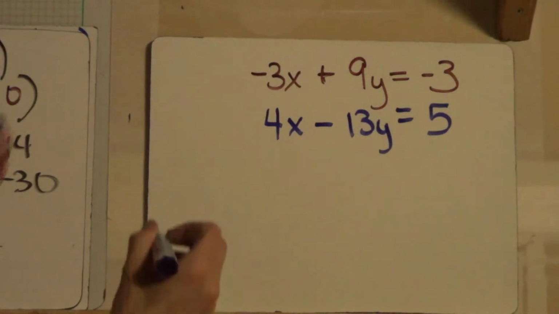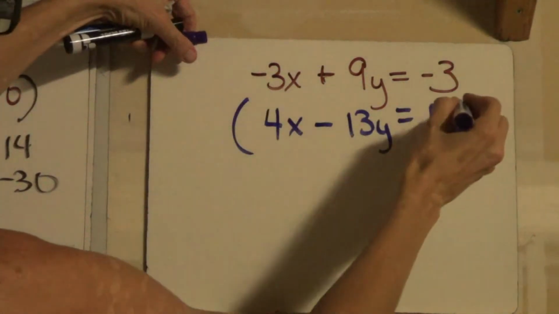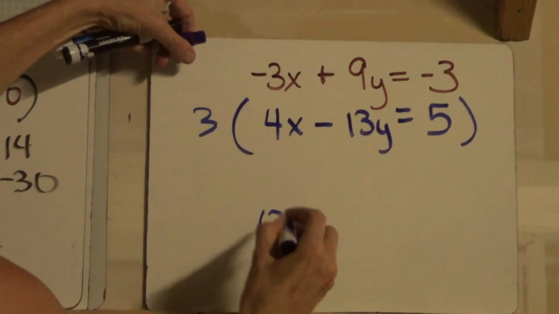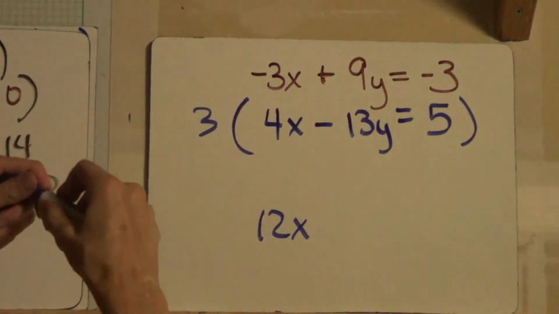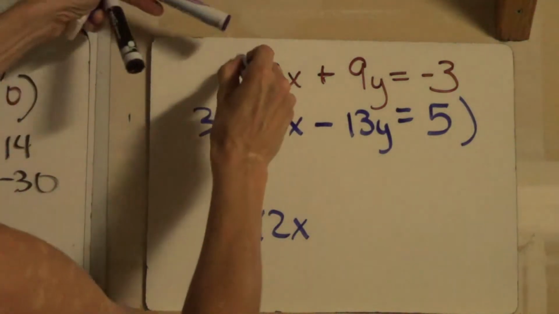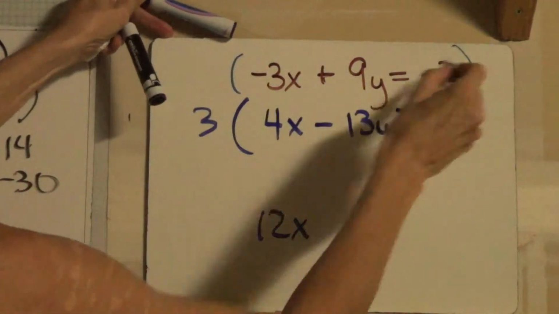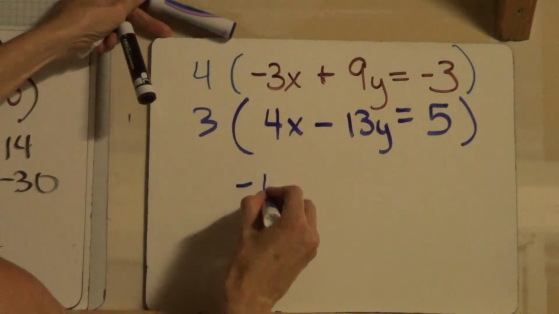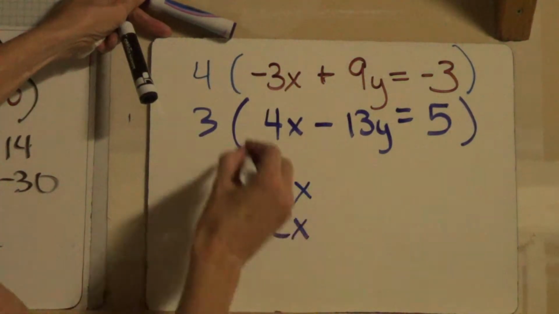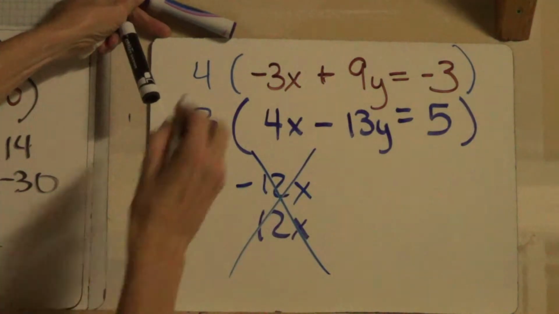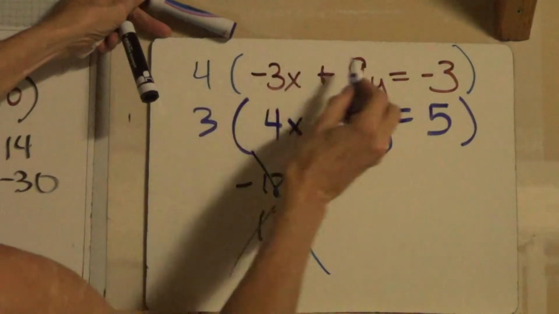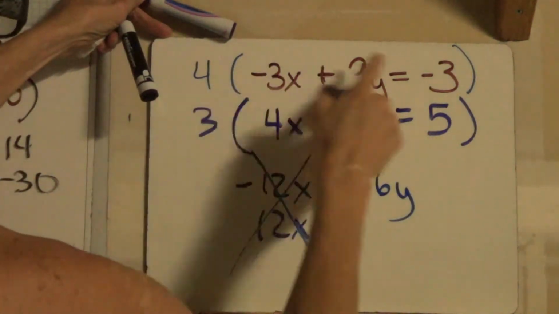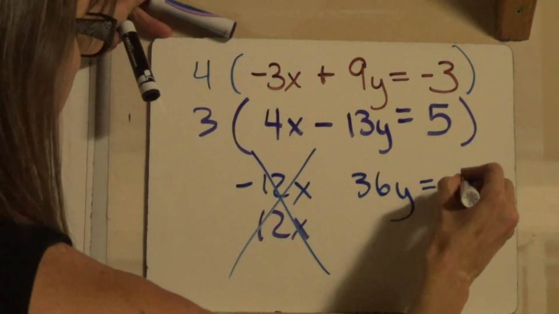I could multiply this by 3, that would create 12x, and if I multiplied this one by 4, 4 times that would create a negative 12x. So I know that I have my opposites right there, they'll wipe out. So let's go ahead and finish multiplying this. 4 times 9 is 36y. 4 times negative 3 is negative 12.